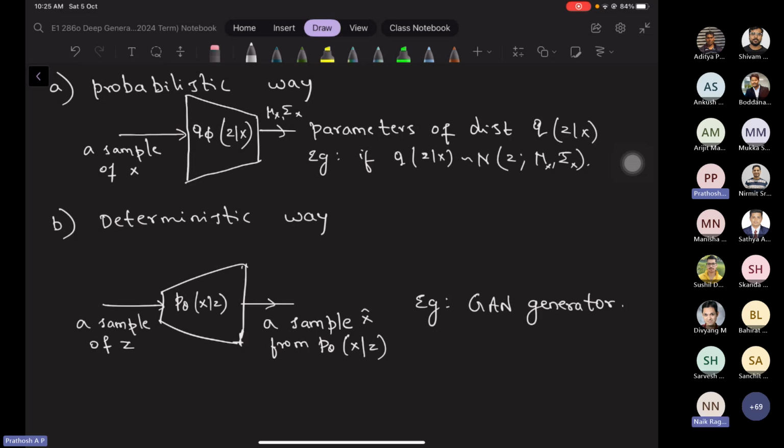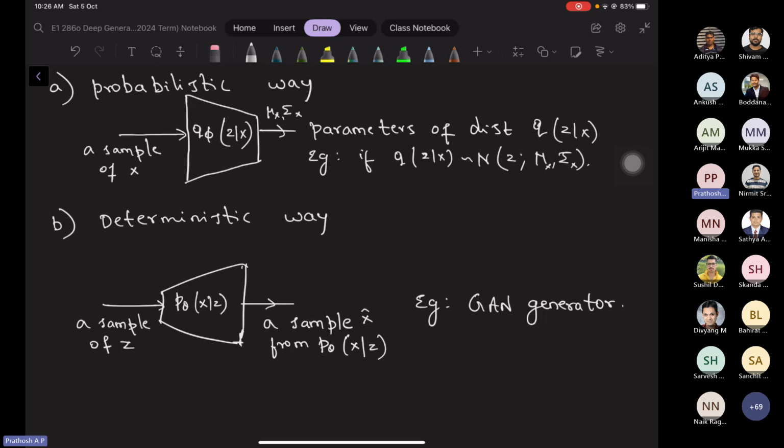It generates a family itself, right? See, for a given x, it does not generate a family. You should be clear about it. There is no stochasticity associated with the neural network, so for a fixed x, it will give you a fixed output. Now, how do you do it practically? Suppose z is in some k dimensions.